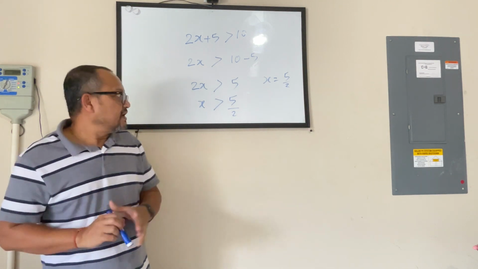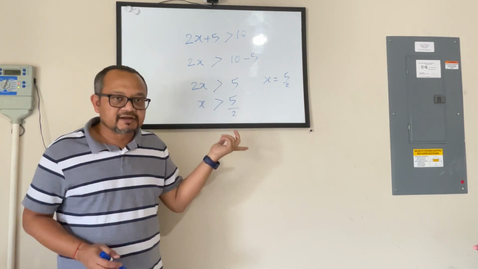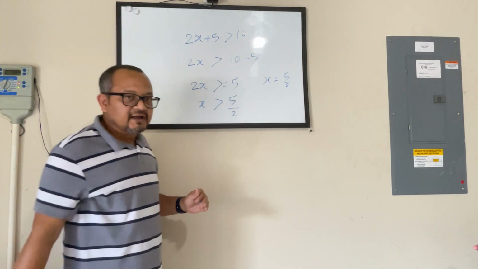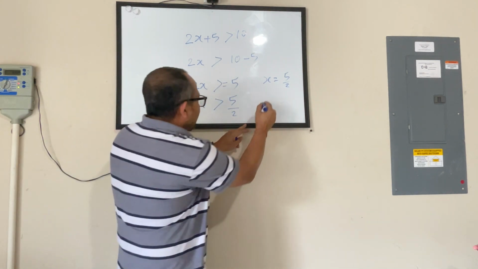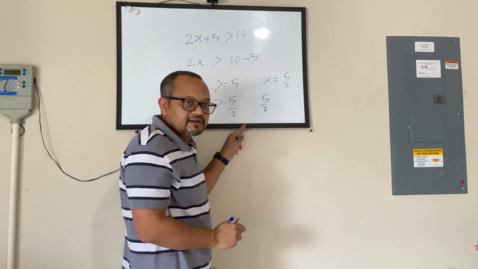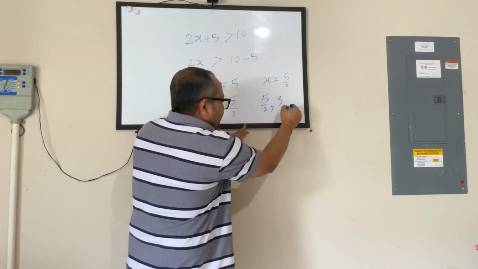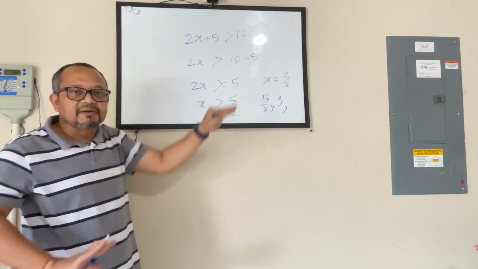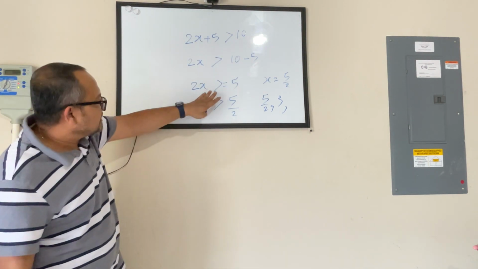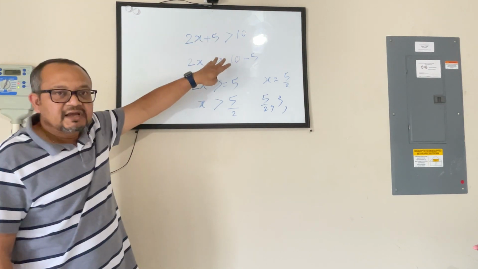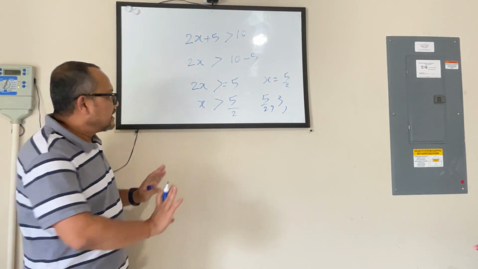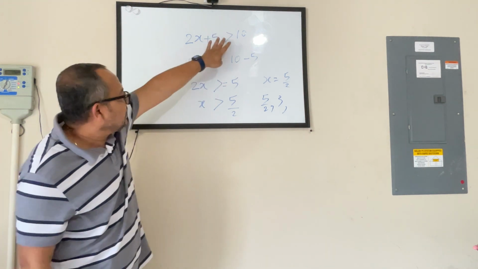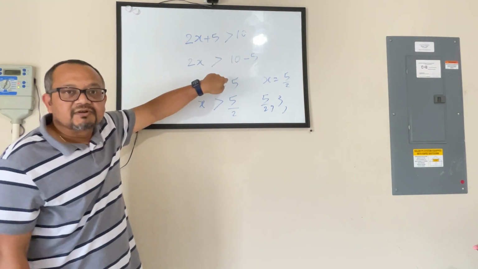When you say greater than, it's greater than. If you have greater than or equal to, then you are including 5 by 2 also as an answer, and then you have 3, then you have 4, whatever. This is the only thing that we have to keep in mind: when I am dealing with inequalities, I just have to interpret it correctly. That's all. And I will do everything the same way as I do with the equal to sign.